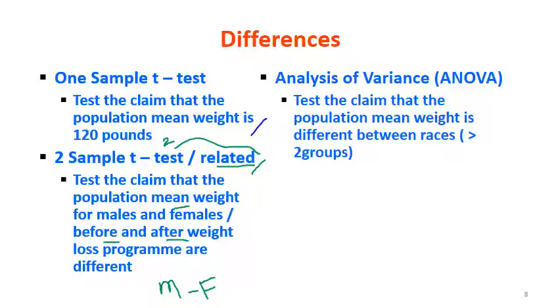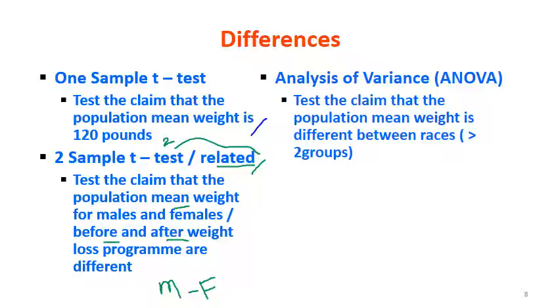So for example, if our unit of analysis is blood sugar levels before and after a drug administration, usually for each person we'll take your blood level before you administer the drug and then after. That means we want to test to see if the drug was successful in lowering your blood pressure. So those are the cases when we use related samples.